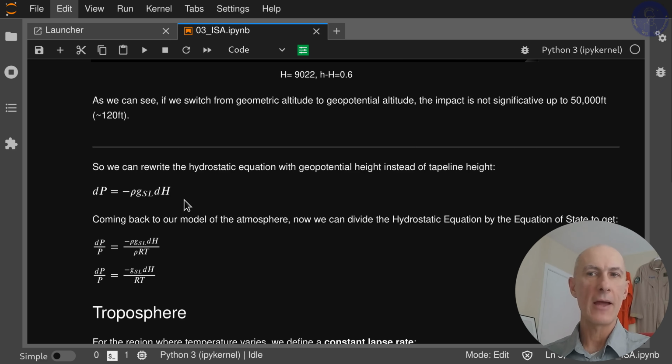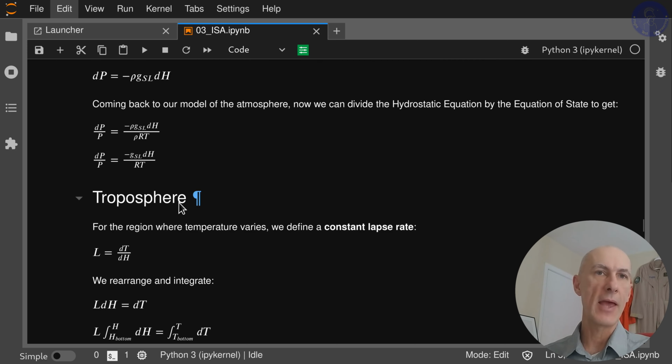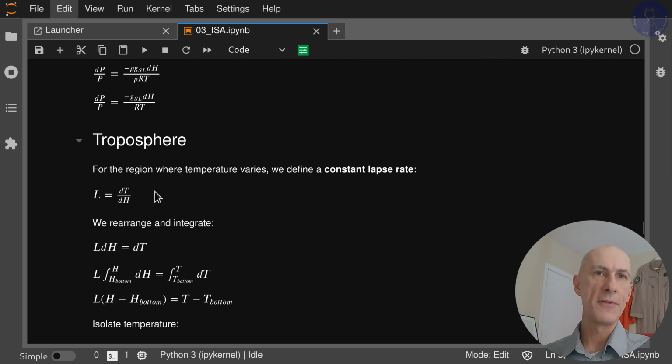We can rewrite the hydrostatic equation with geopotential height instead of tapeline height and divide by the equation of state to get a relationship between pressure and height that we can then integrate. And for the troposphere, we have the lapse rate.